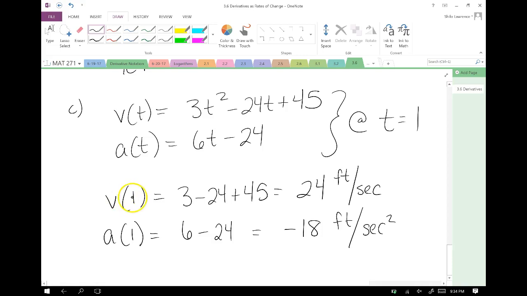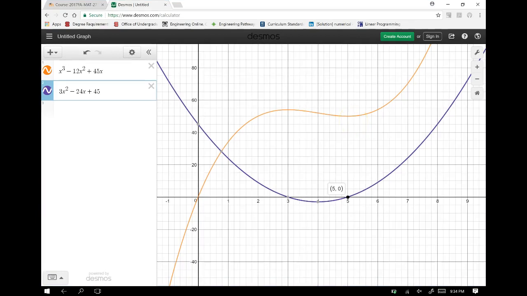Now if you look at your v graph, if you look at your derivative graph at 1, we should see that it's at 24 approximately. So the purple graph was our velocity graph, and it does look like at 1, it's approximately at 24. And you can actually touch it with your mouse and see that it's at 24. Now we don't have our acceleration graph here, but we could certainly put it on if we want to.